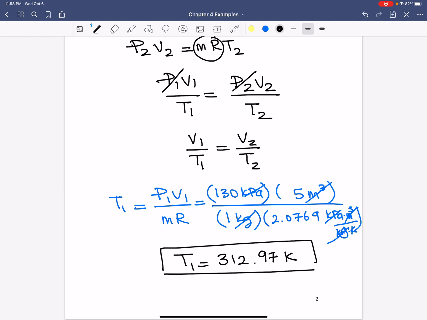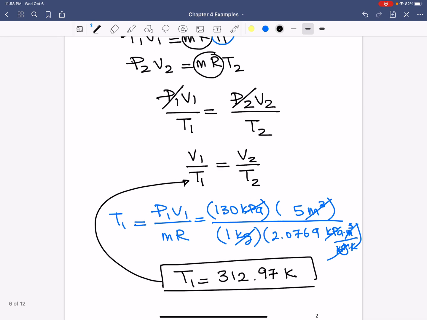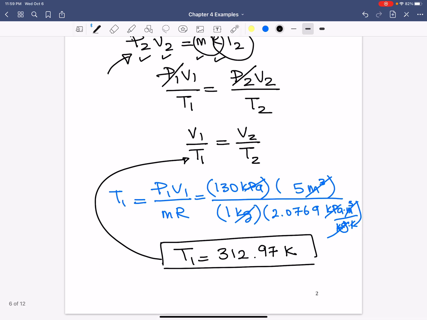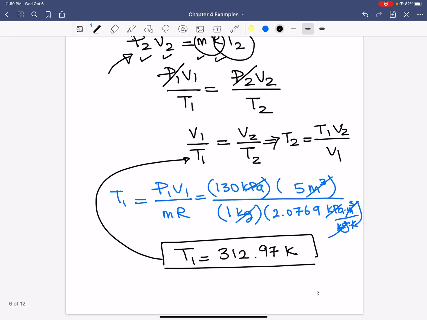We figured out T1. We can plug this in here to figure out what T2 is. Okay. You could have also used just the ideal gas equation here because you know the pressure, right? And you know V2 and MR. You can also calculate T2 from that equation. That's also possible. Or you can just use this relationship to solve it for T2. Okay, let's do that.